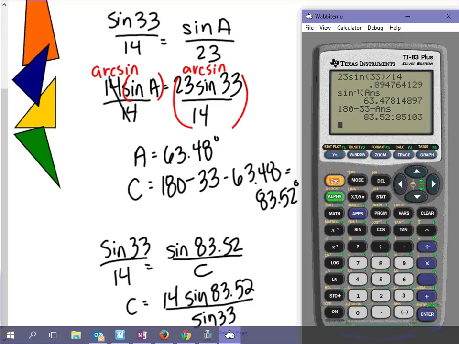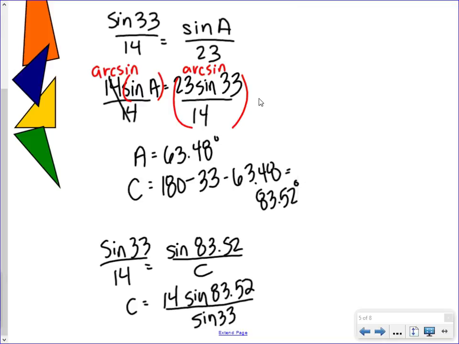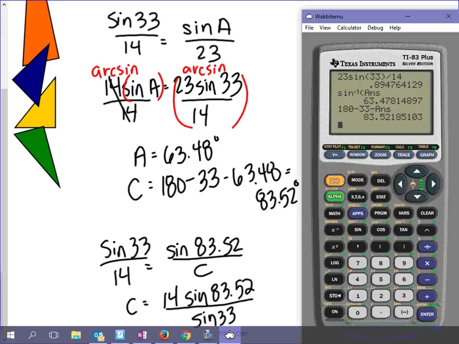Because I've been keeping track and not rounding my answers, I'm able to do that again. With this 83.52 number, I can do 14 times sine of my answer and divide by sine of 33. So I get 25.54. If you use a rounded answer, you're probably not going to be off by that much, maybe in the hundredths place, if at all.